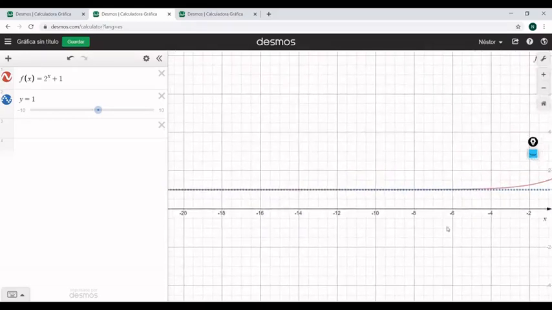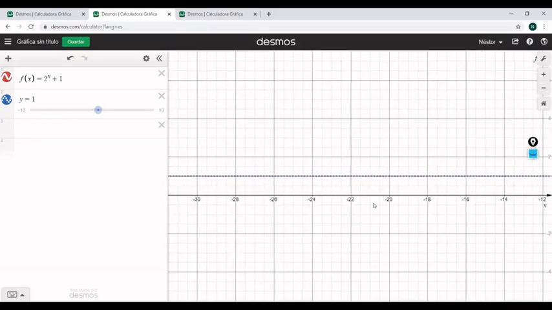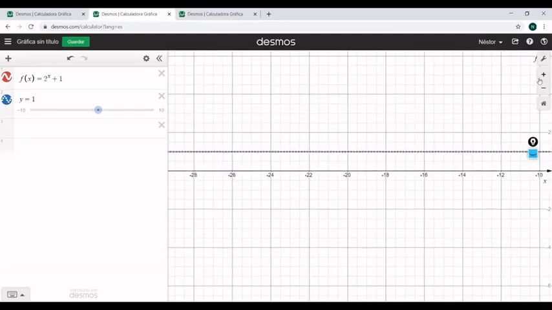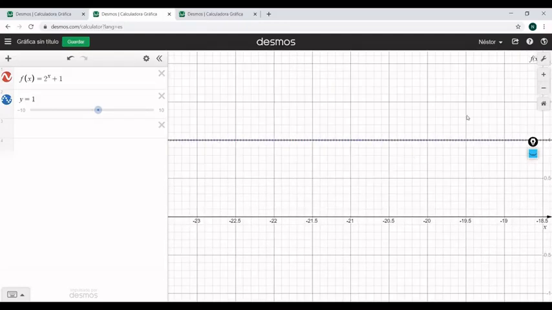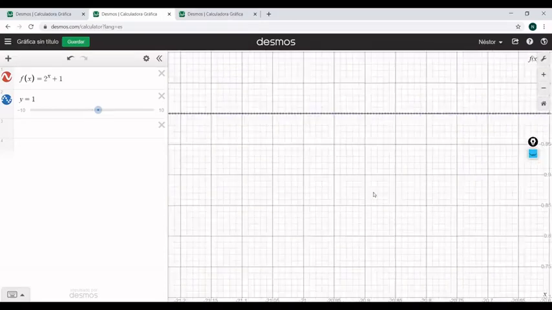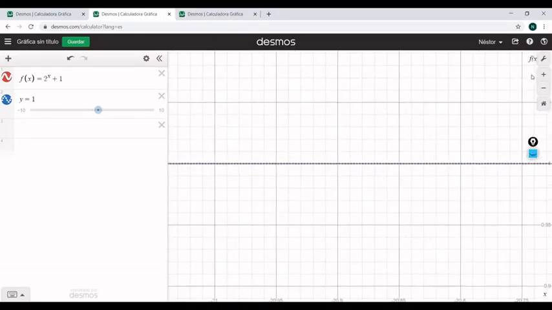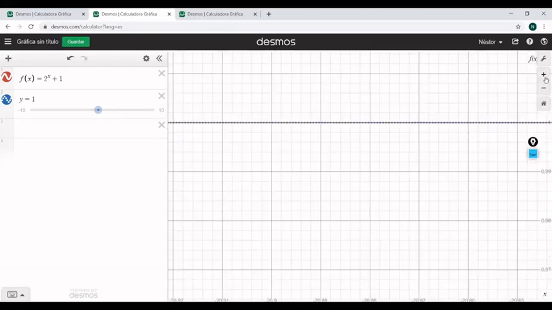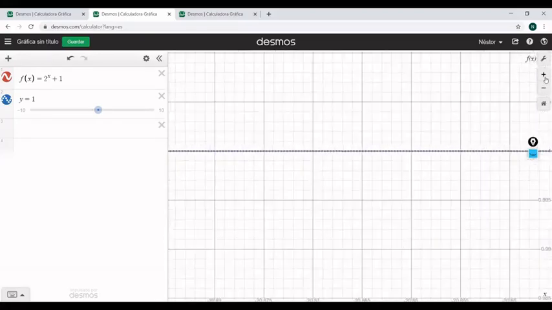Minus 20. Let's see if here. No, it doesn't have that much resolution.